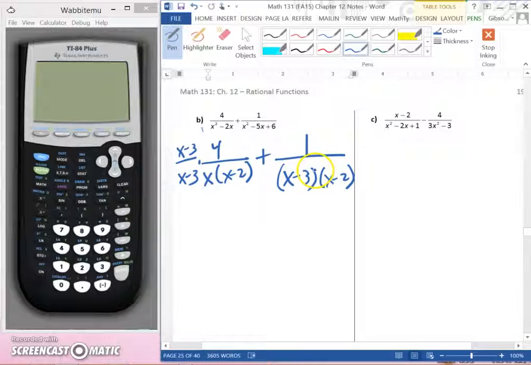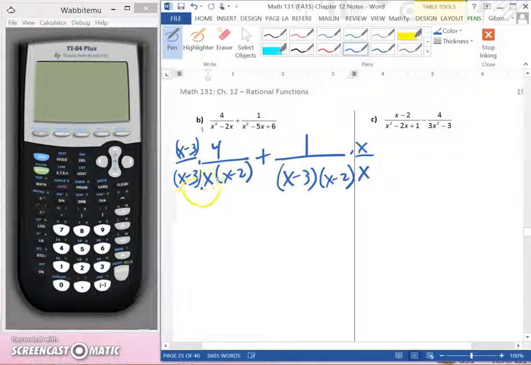Now over here, we got an x minus 3. Well, let's put x minus 3 in parentheses to make that a little better here. So now we got an x minus 3, we have an x, and we have x minus 2. Now we got x minus 3, x minus 2, so we're missing the x. So we multiply the numerator and denominator by x.